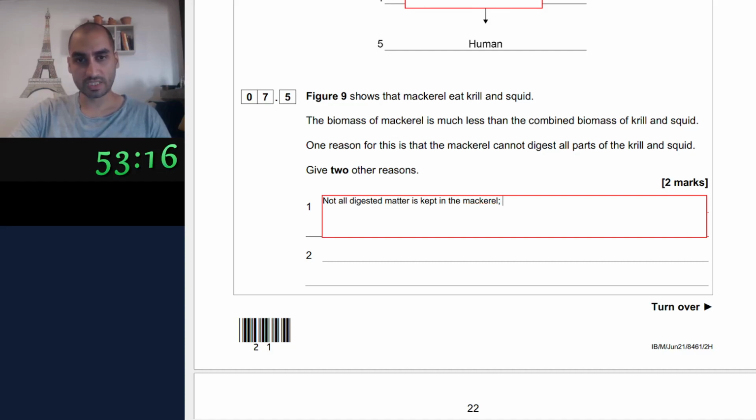So not all digestive matter. The nutrients are extracted and the rest is excreted. I mean, that's... We are less than the sum of everything we eat. Not all that matter goes into our growth.